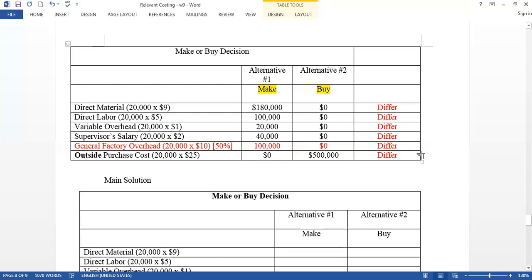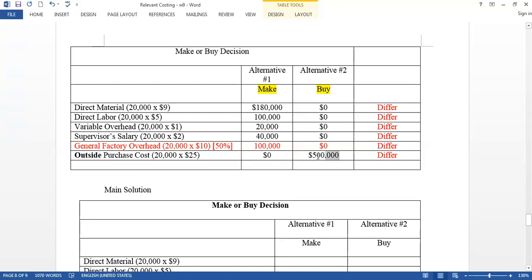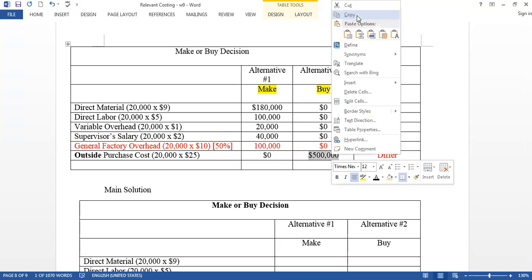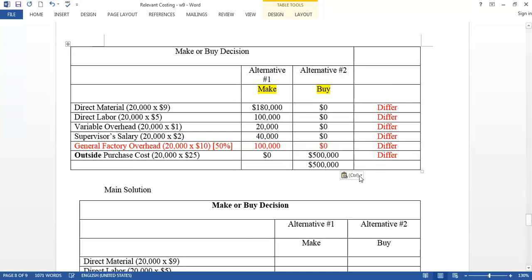Now make a count. So if you buy, your total cost is $500,000. If you buy it, right? And if you make it, how much is it? $440,000. Right?